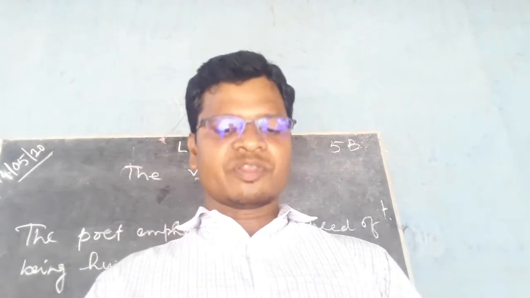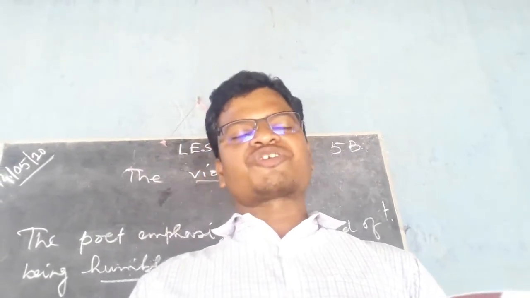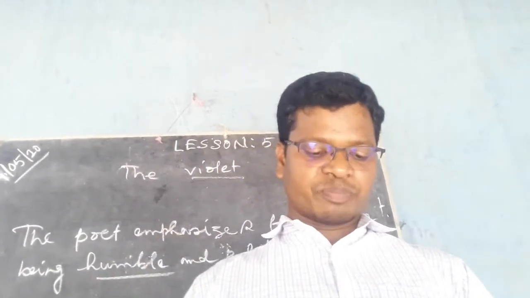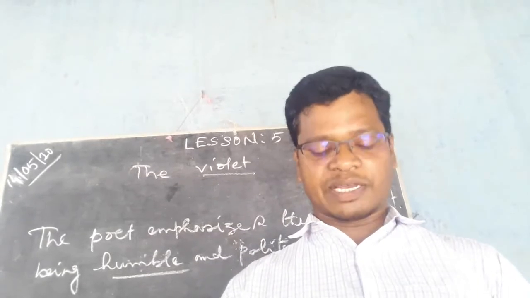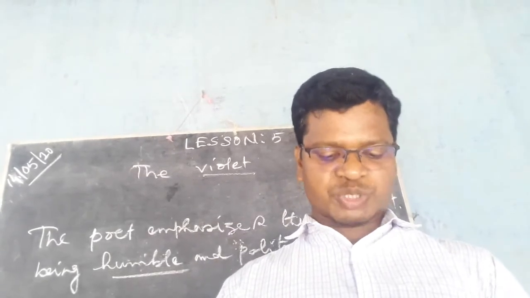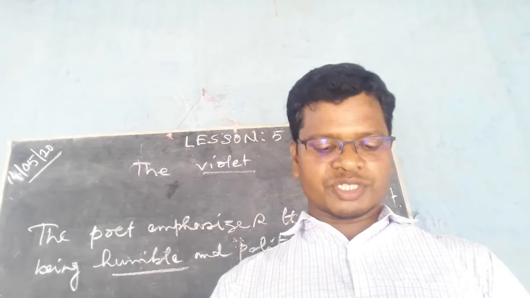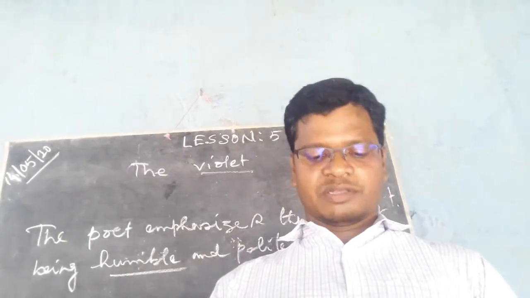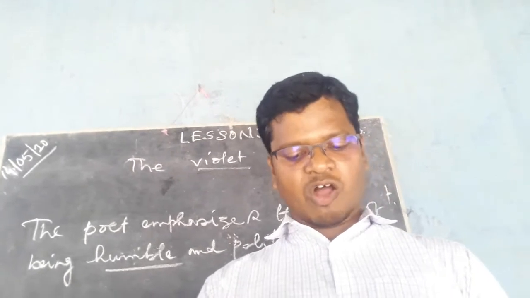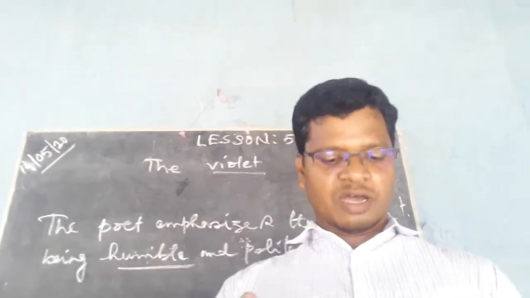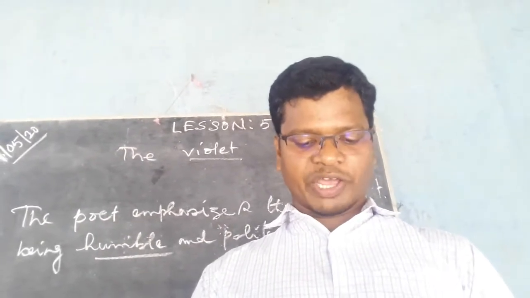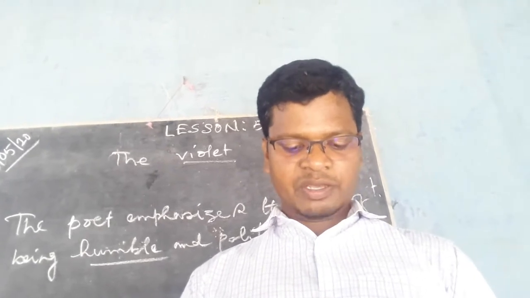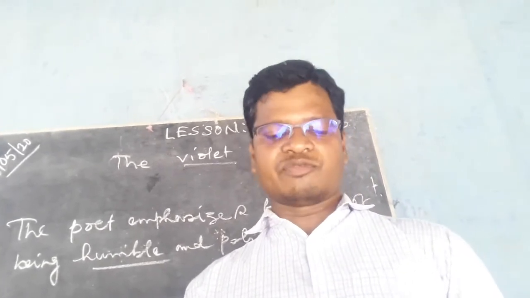Through this poem, Jane Taylor wants to emphasize the need of being humble and polite. The man should learn modesty and contentment from violets that, despite their dazzling beauty, are content in their humble belonging and make this world lovable.